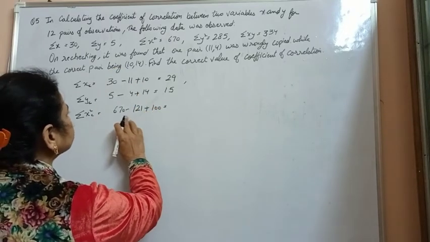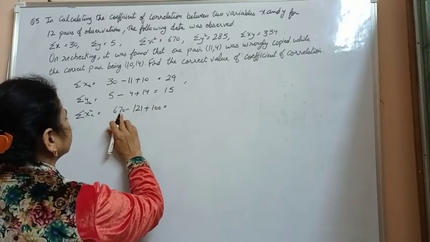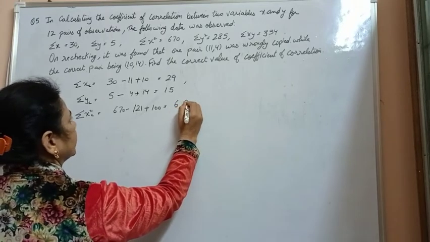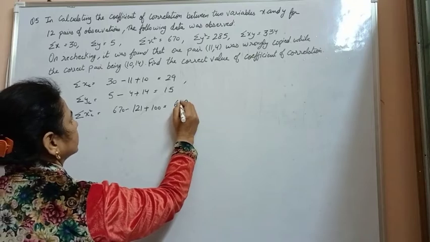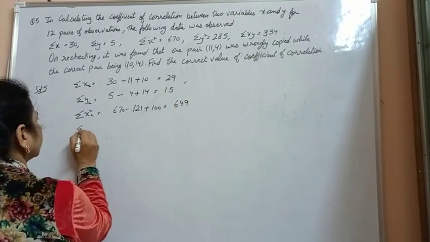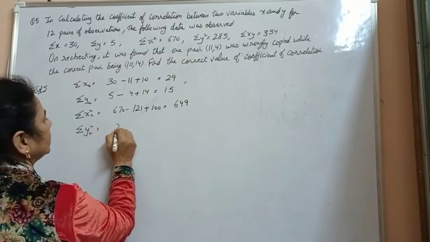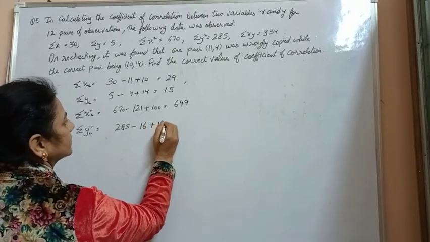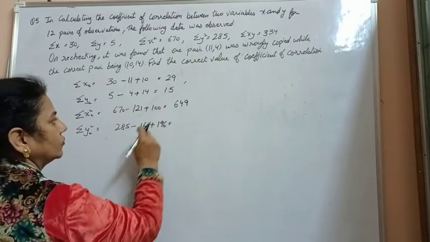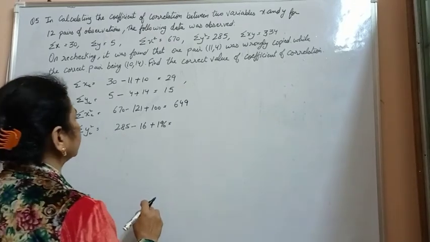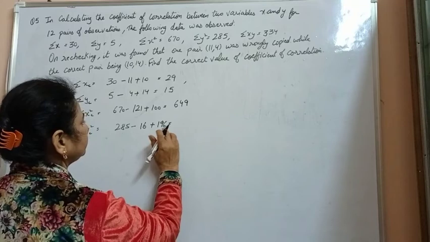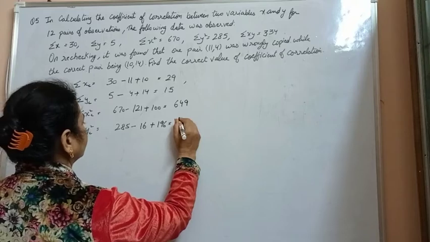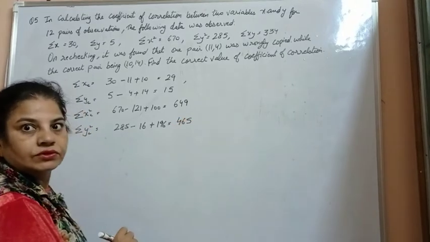So this comes out to be 649. The correct sigma y square is 285 minus 16 plus 196, as 14 square is 196 and 4 square is 16. On solving, we get 465.